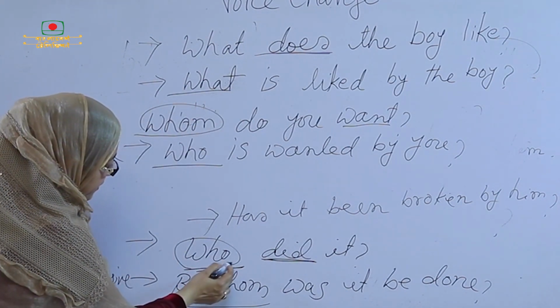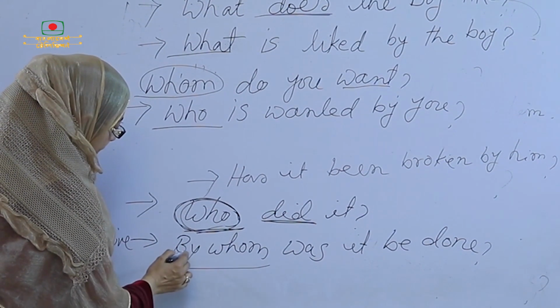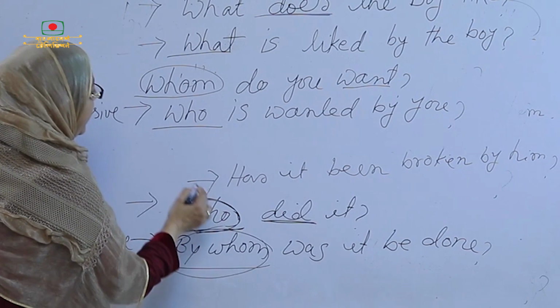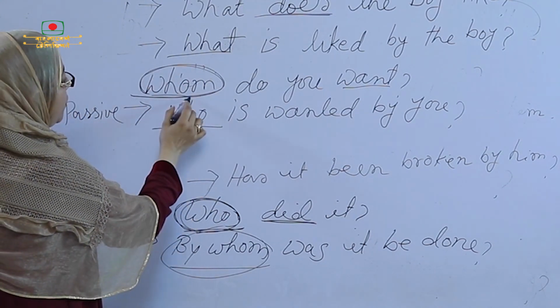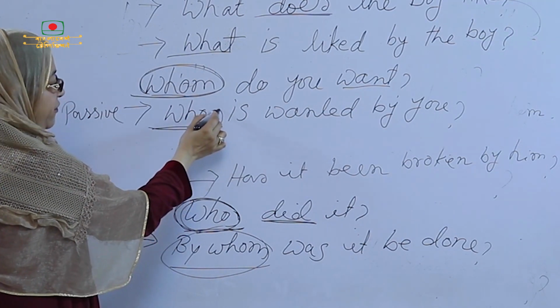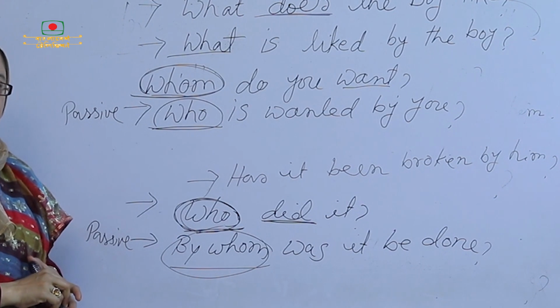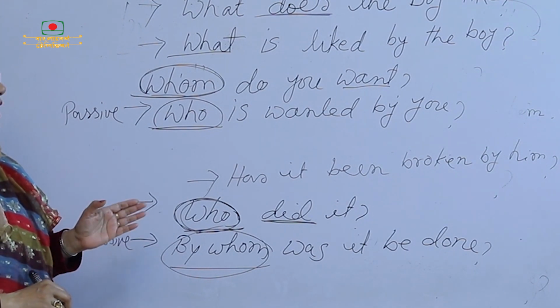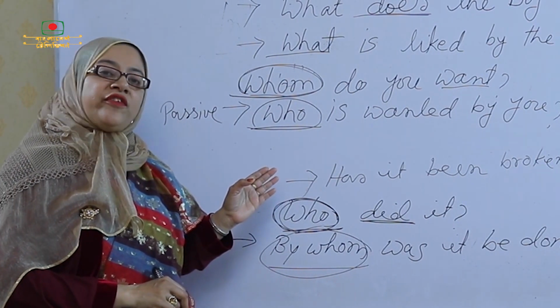I only change who and whom. In an active form, who when I turn it into passive I use by whom, and whom when I turn it into passive I use who. So, is it clear to you? How can we change from active to passive in an interrogative sentence?